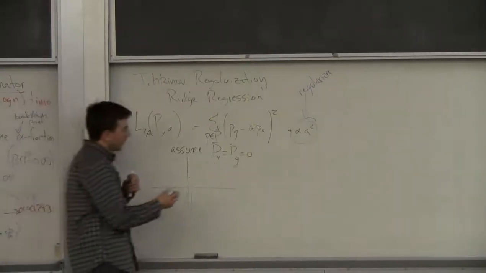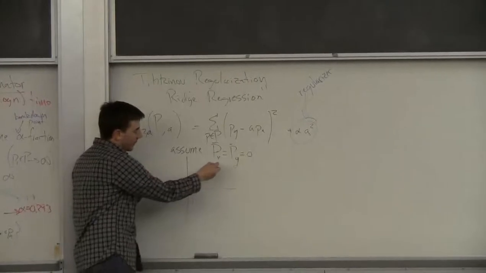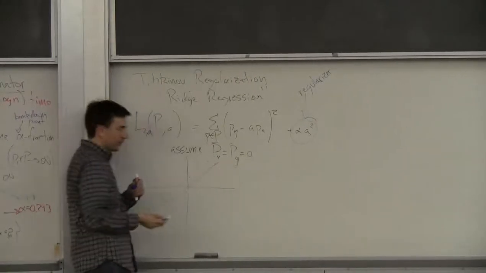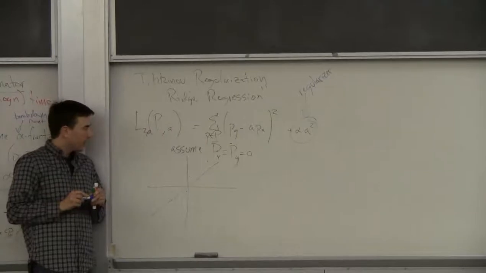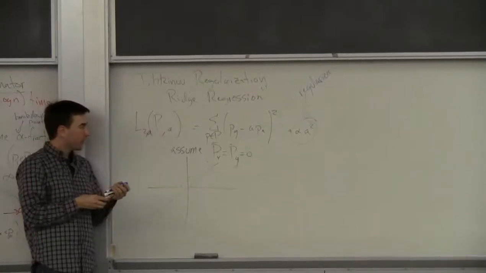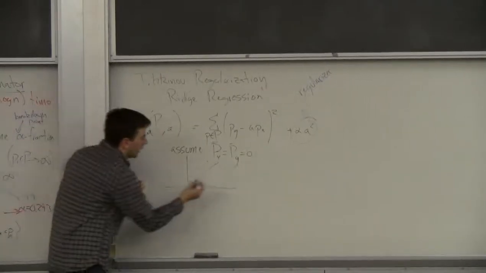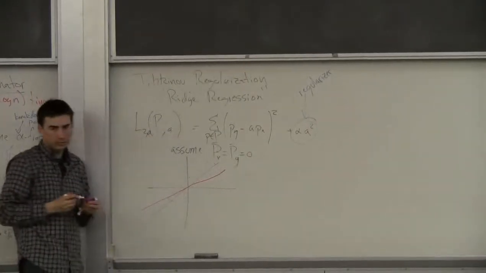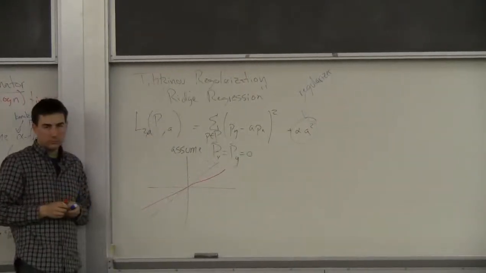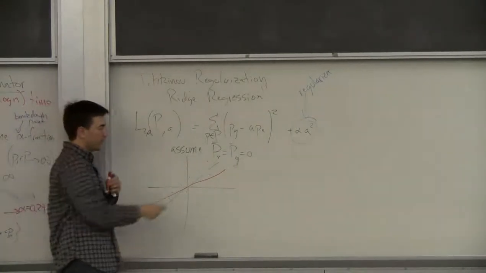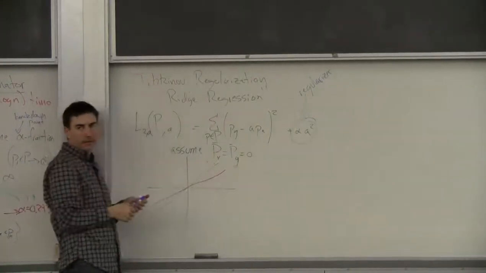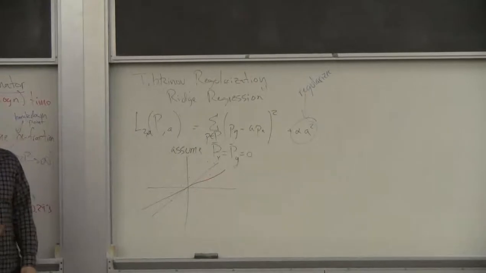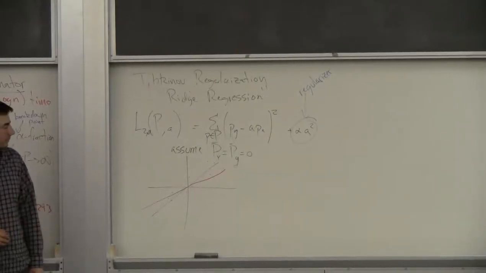So if I have my regular least squares, I'm going to get something that looks like this. And now the result of the ridge regression is going to be something with a smaller slope. So I want a smaller slope here. It seems like it'd be an odd thing to do.